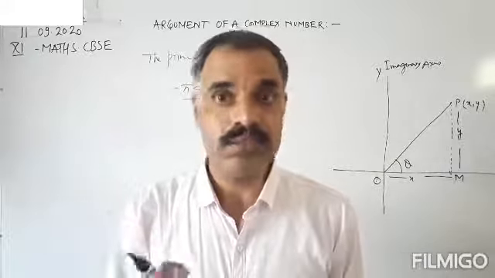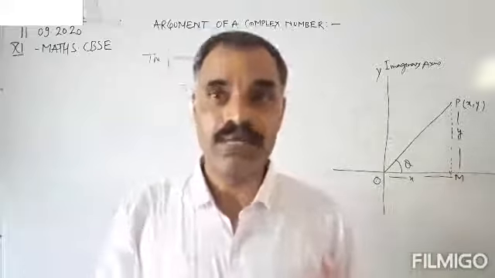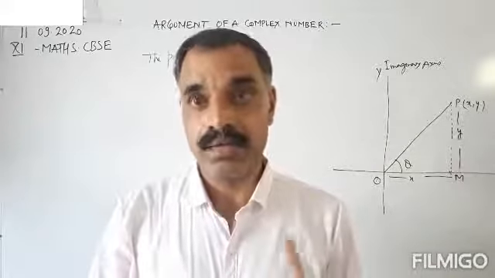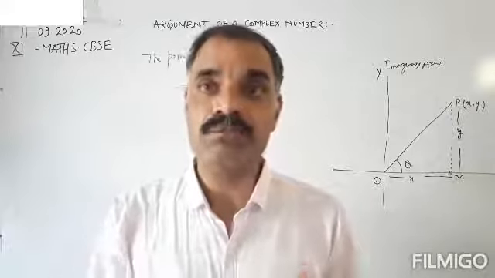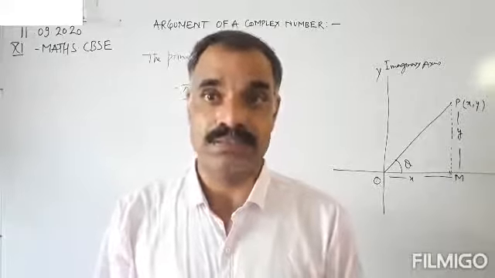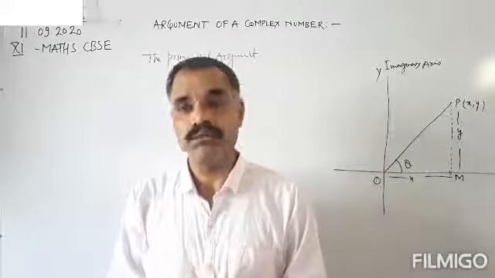Now argument is clear to all of you. Argument is the angle made by the line OP, where P is the complex number, with the positive direction of the x-axis.